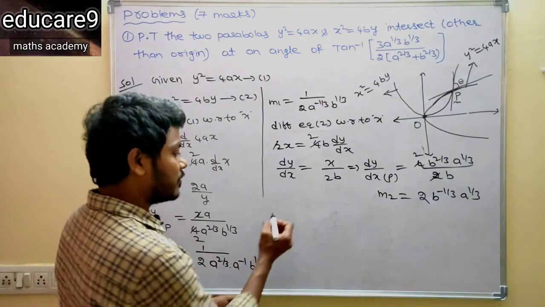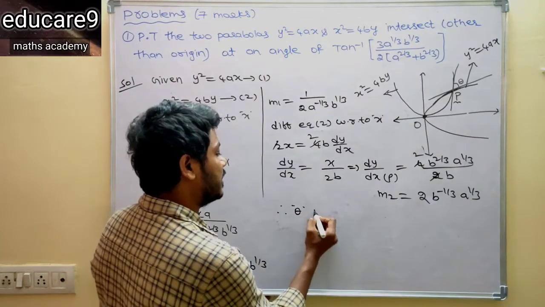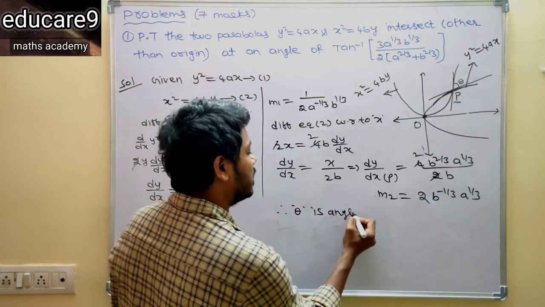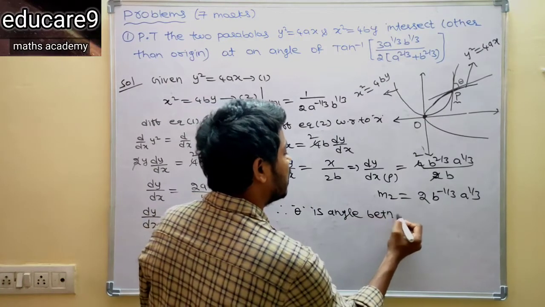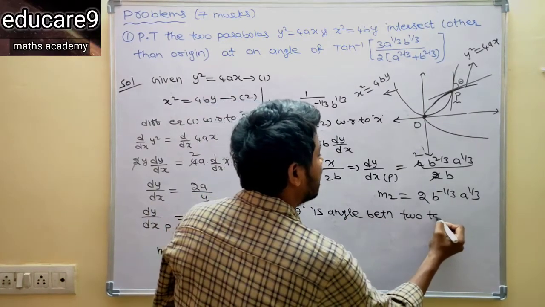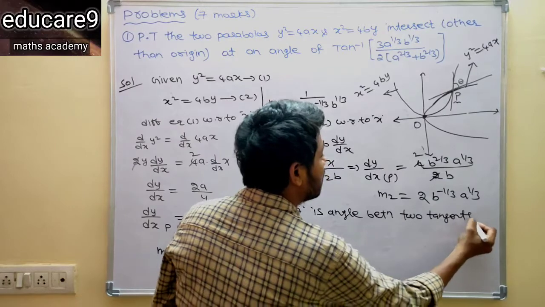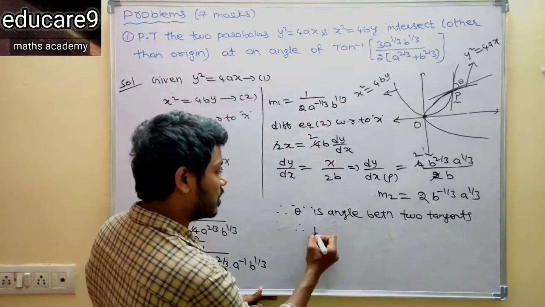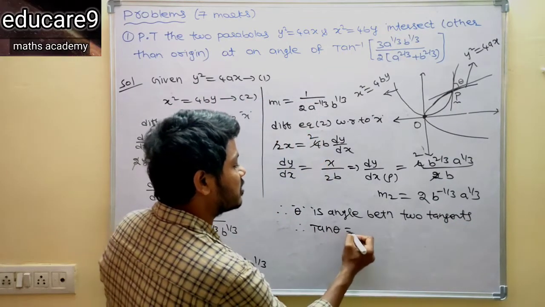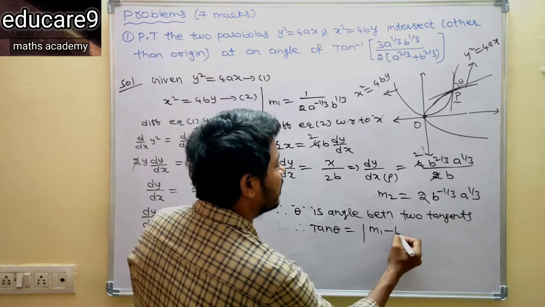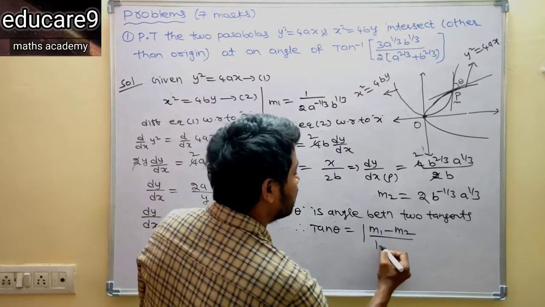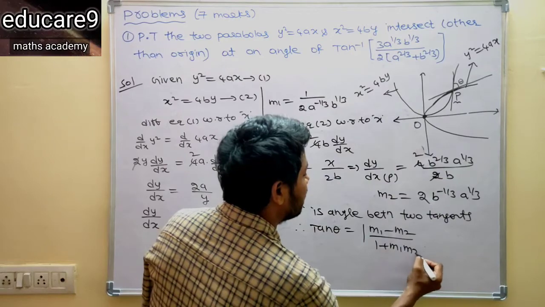So theta is the angle between the two tangents. Therefore, tan theta is equal to the modulus of m1 minus m2 by 1 plus m1 m2.